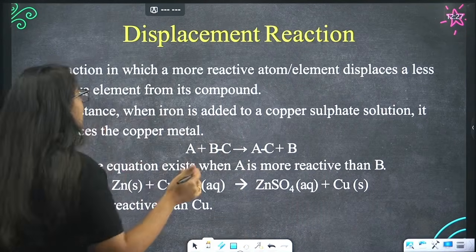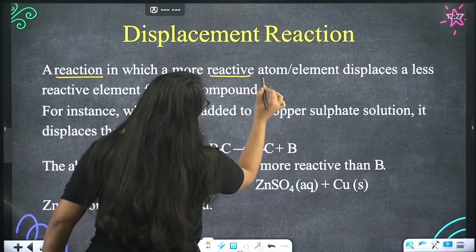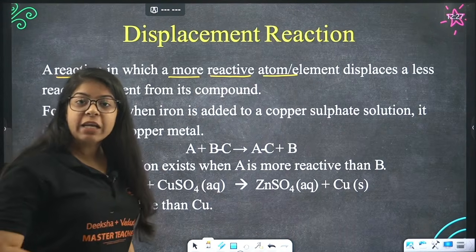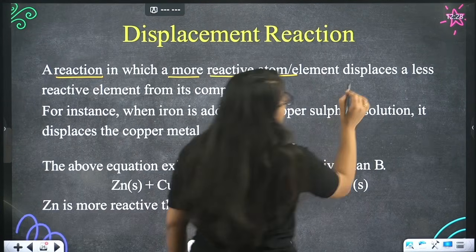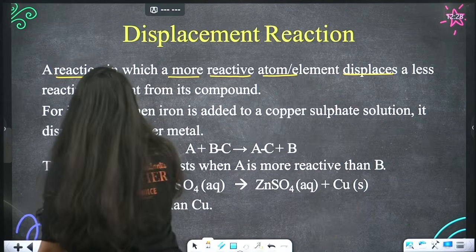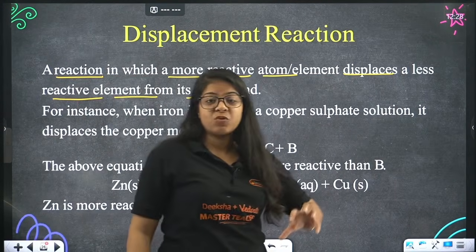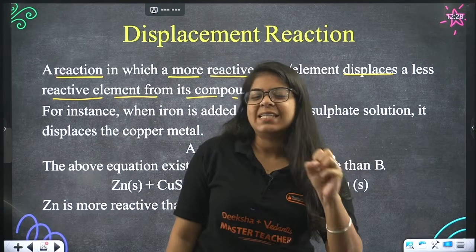Okay, so beta, a reaction in which a more reactive atom or element, the third person that came, displaces a less reactive element from its compound. You and your best friend were in a good compound, but you were less reactive.